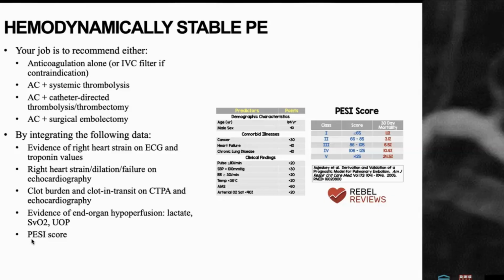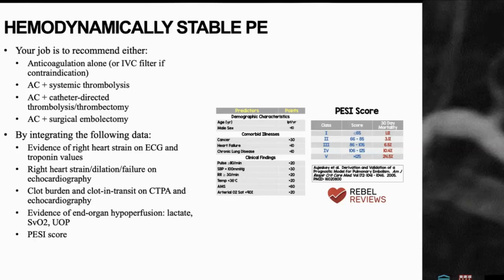And then this thing called the PESI score, right? The PESI score integrates basically demographics, comorbidities, and general clinical findings, and you generate a score. That score puts you in different classes, and the classes tell you your 30-day mortality. So if you look at these numbers here, particularly class 4 and 5, if you're in those categories, you're thinking more about being more aggressive with intervention.